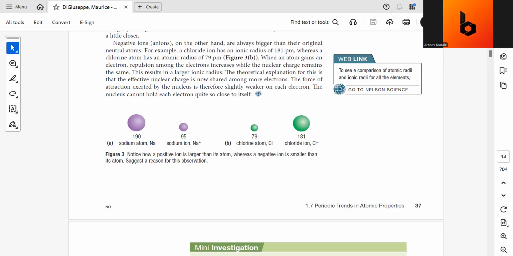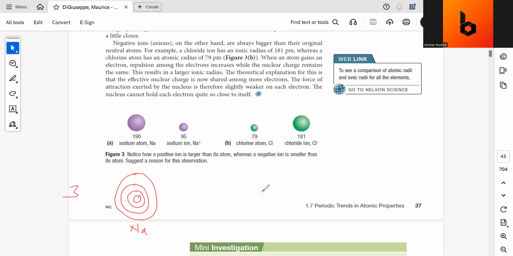Okay, so we understood so far that sodium has three orbits, three shells. Chlorine also has three shells. So if I consider the nucleus, there are three shells, one, two, and three. So this is sodium.